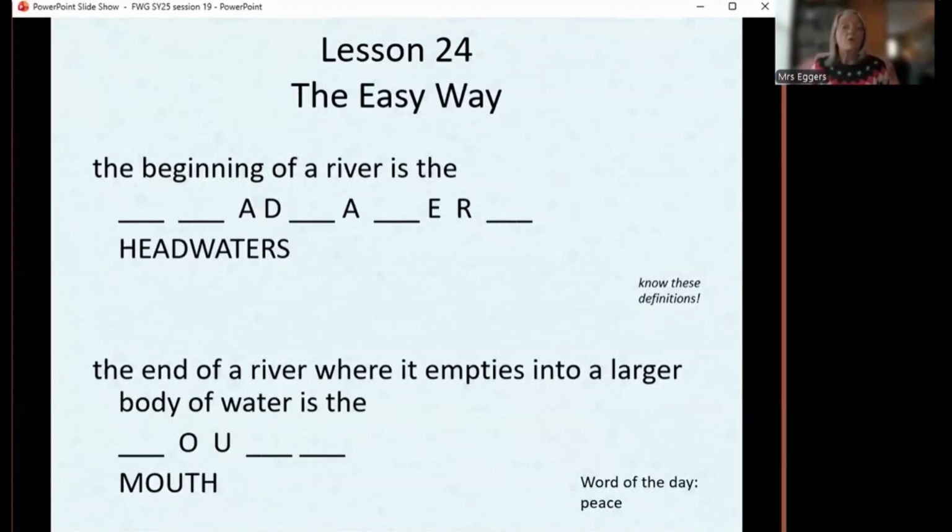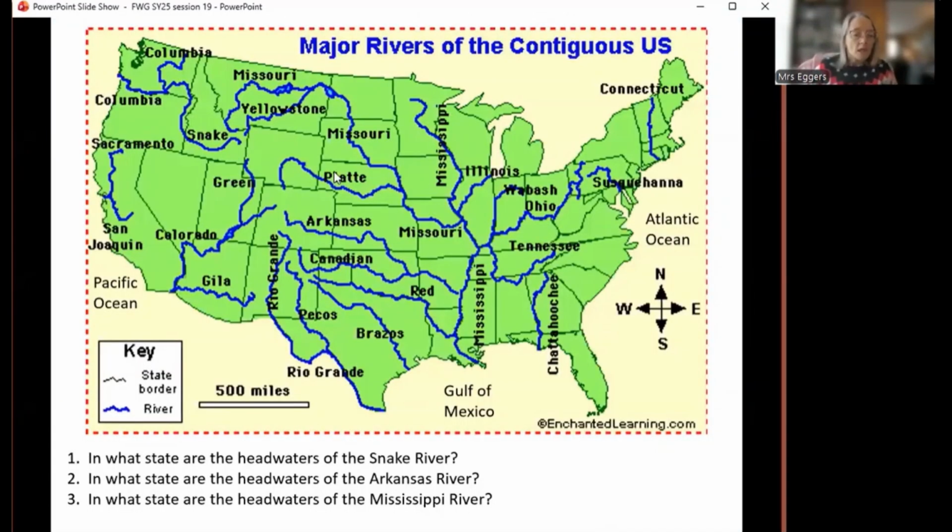Yep. Eleanor, Joaquin, yep. And then the mouth, where it empties into a larger body of water, tends to be lower, right? Because it starts at the headwaters and then it will flow downhill to the mouth. Yeah. I think did I put source on here? No. Okay. So I found this map, major rivers of the contiguous part of the U.S.